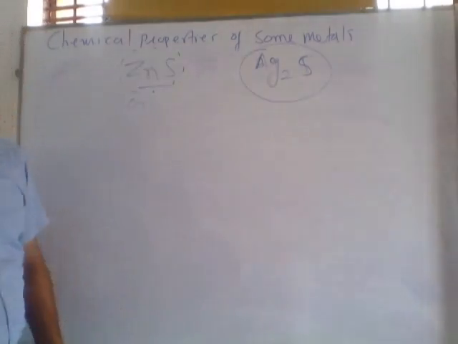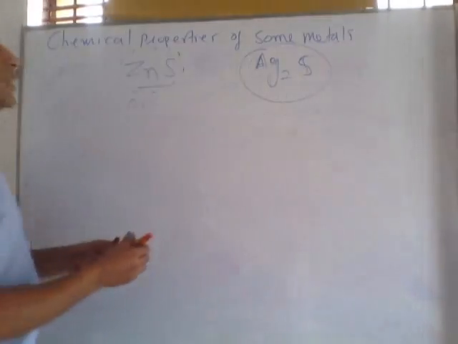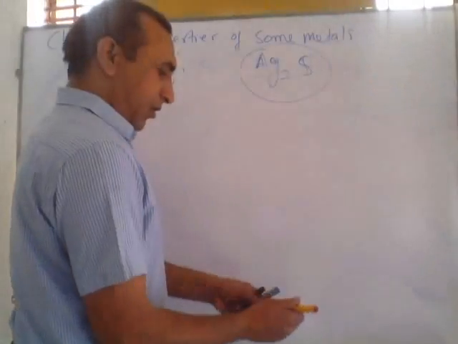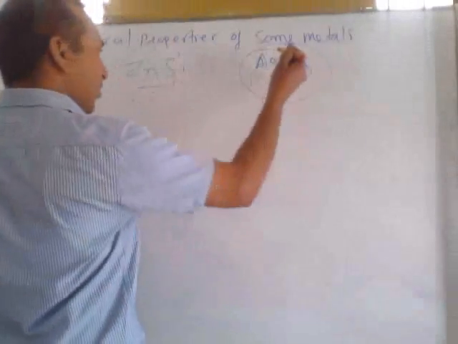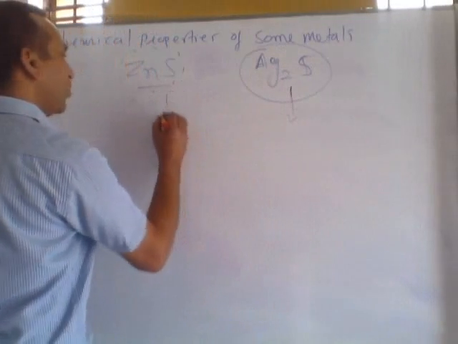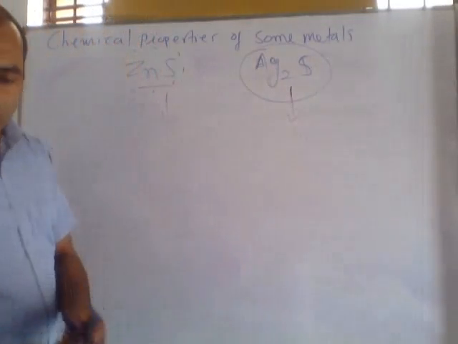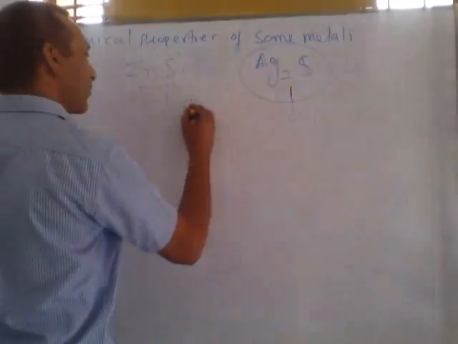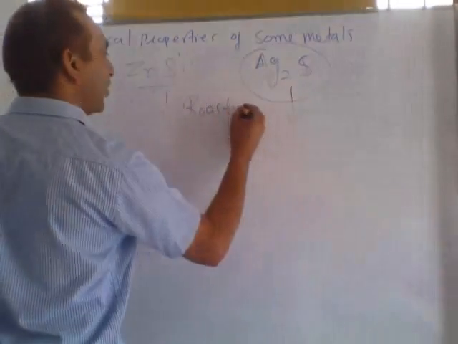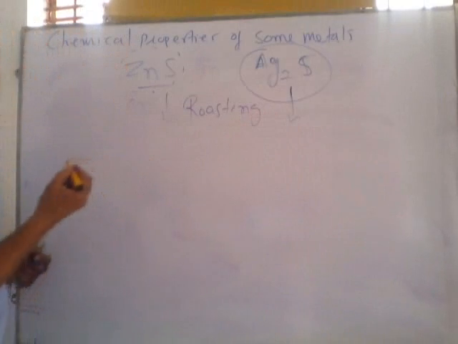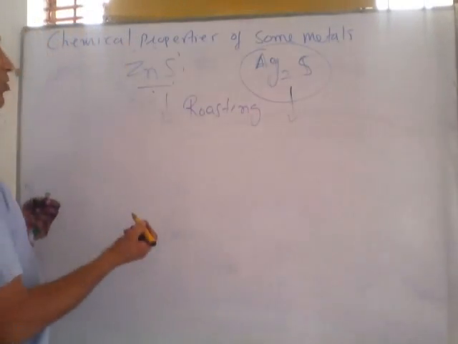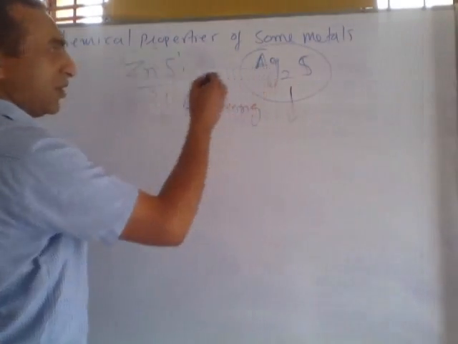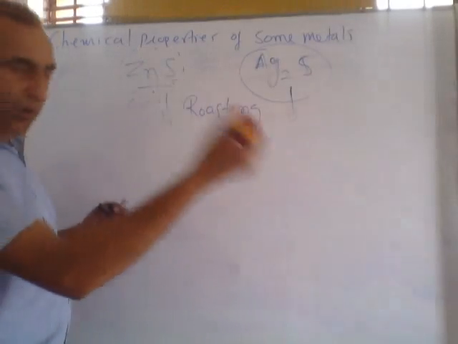When sulfur is present with a metal in any ore, and we want to remove the metal from this ore, the process we use is called roasting. I am discussing metallurgy, which means we want to remove these metals from their sulfide ore.